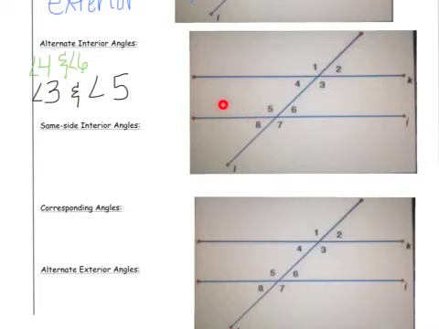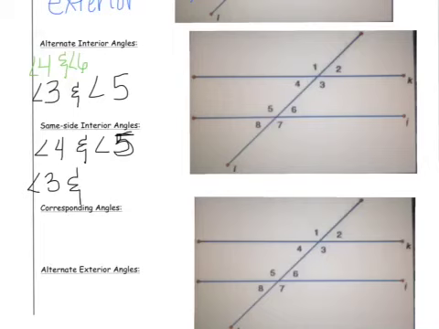So I can say that angle 4 and angle 5 are on the same side, so they are same side interior, and angle 3 and angle 6. These also have very special relationships.